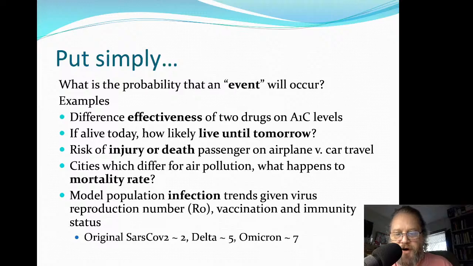The Delta variant, so that was like the third wave, I think, the reproductive number was about 5. And the variant that we're experiencing now, the reproductive number is 7. So this allows us to model how rapidly the virus spreads from individual to individual, and is used in public health to sort of assess what steps we need to take.